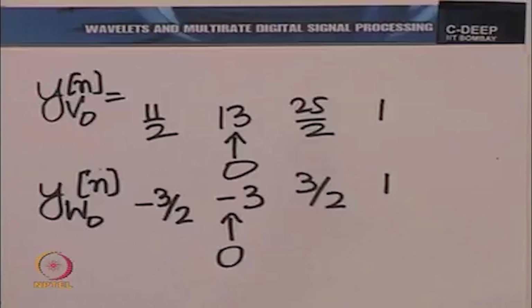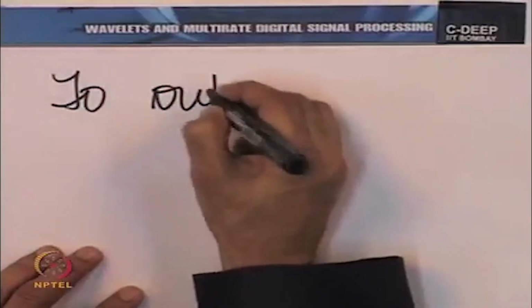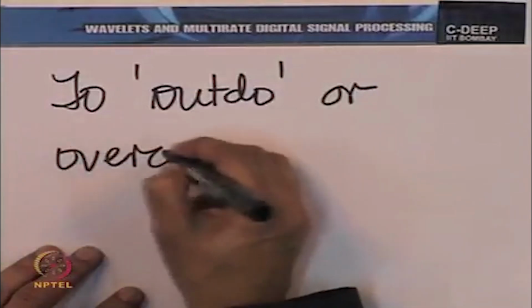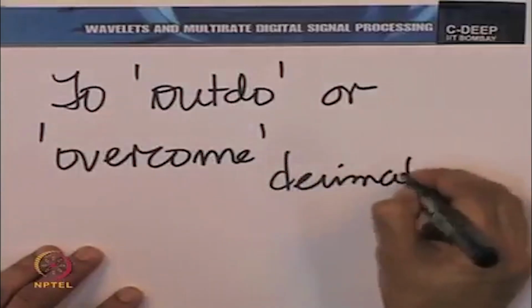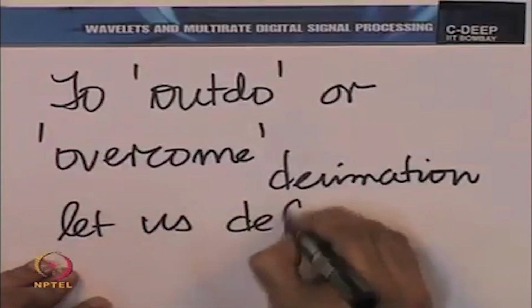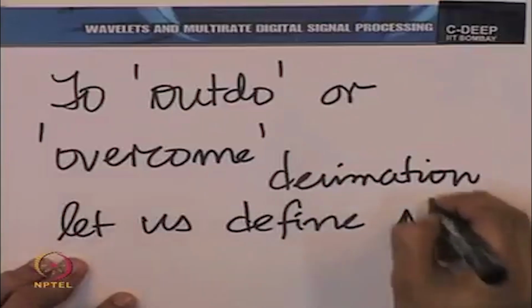So, let us first carry out what is called a process of interpolation or upsampling. Now, let us define, with the intent of outdoing the operator of decimation, an operator which we shall denote by up 2.